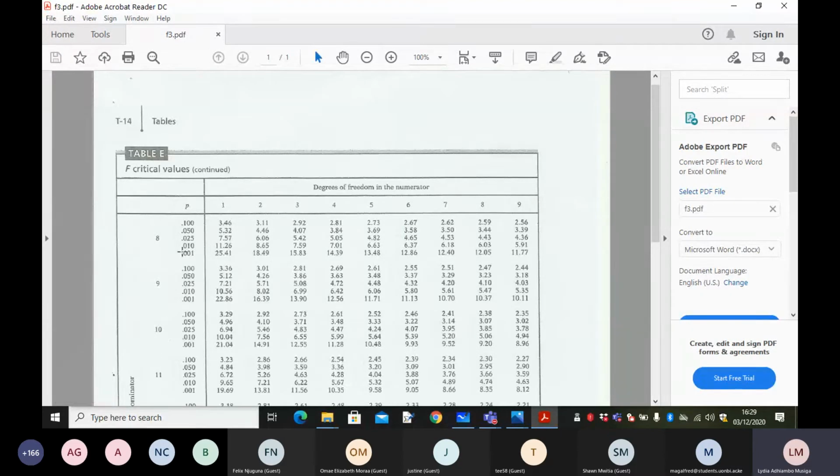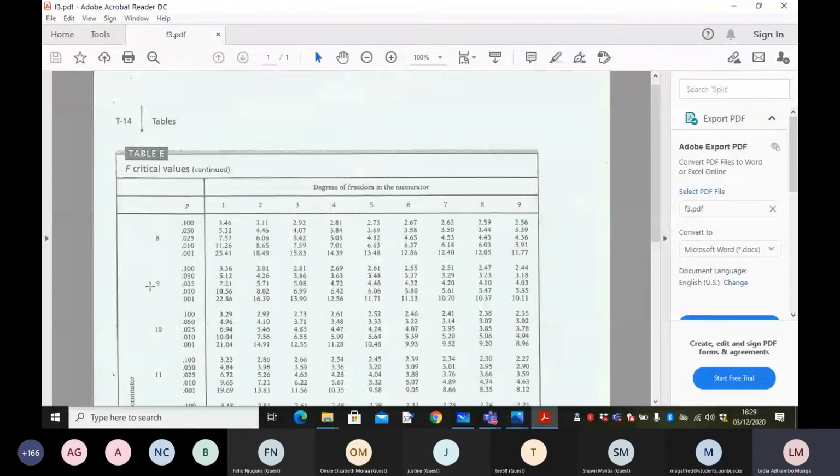Looking at the second column, we can see 0.100, 0.050, 0.025, 0.010, and 0.001. So we should concentrate on 9 and 9.